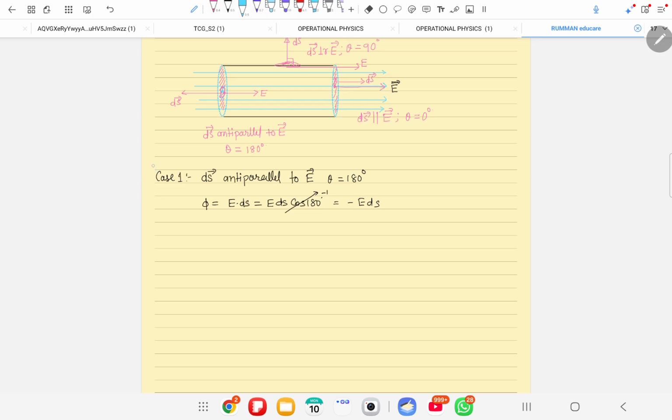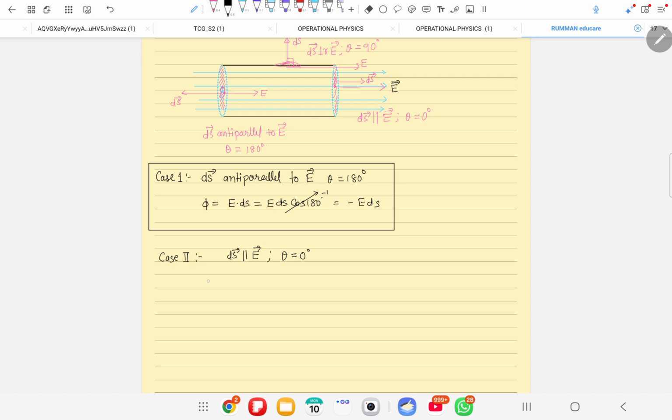Now in the second case, at the right end of the cylindrical region, ds vector is parallel to E vector. If two vectors are parallel, the angle between them is 0 degrees.